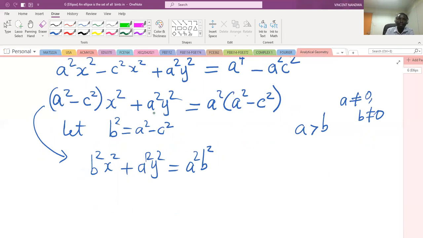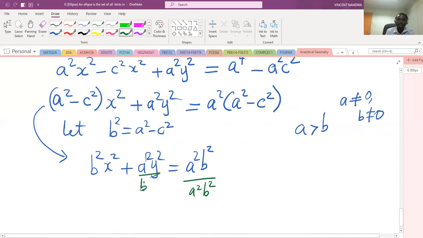Dividing through by a squared b squared, this and this cancel, this and this cancel. Here 1, here 1.